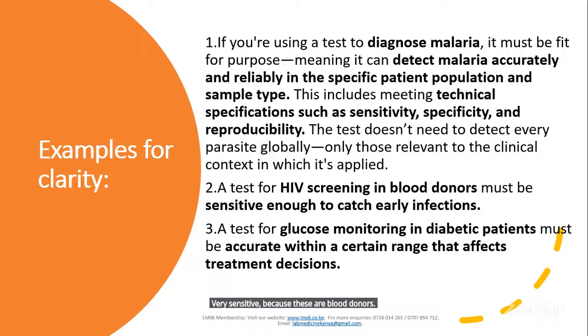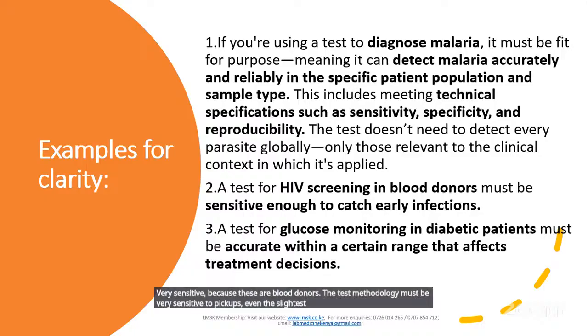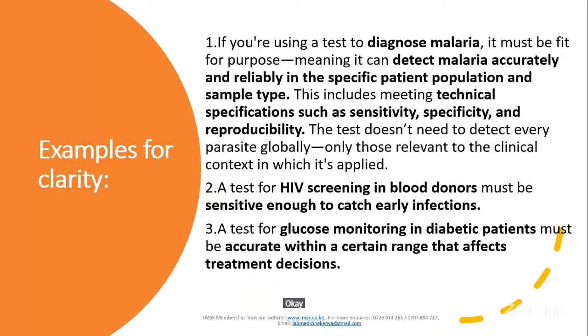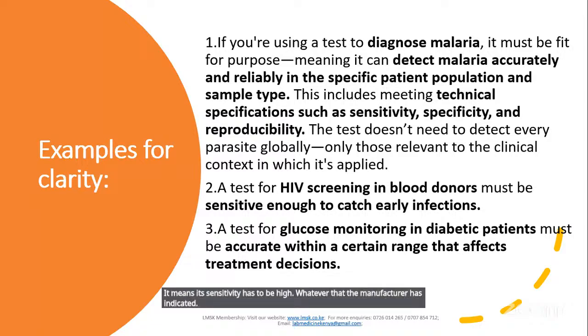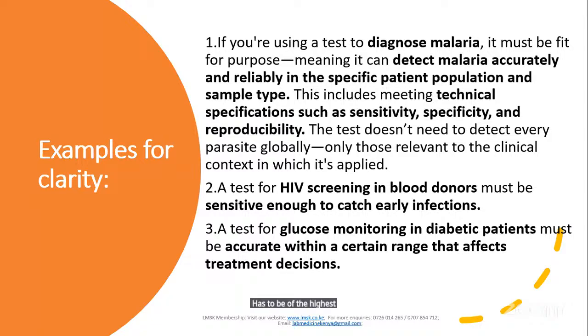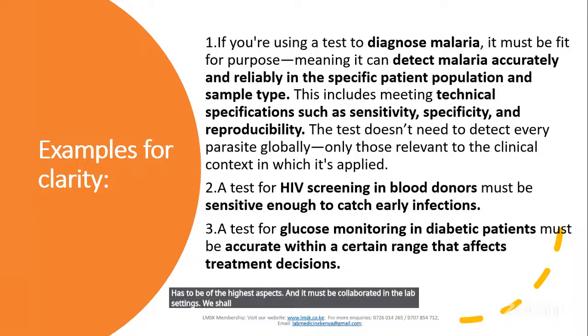The test methodology must be very sensitive to pick up even the slightest or the earliest of the infections, okay? So for a kit to meet the purpose, its sensitivity has to be high. Whatever the manufacturer has indicated has to be of the highest standard, and it must be corroborated in the lab settings. We shall be looking at that.